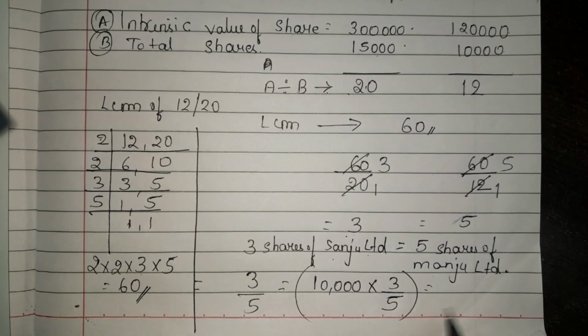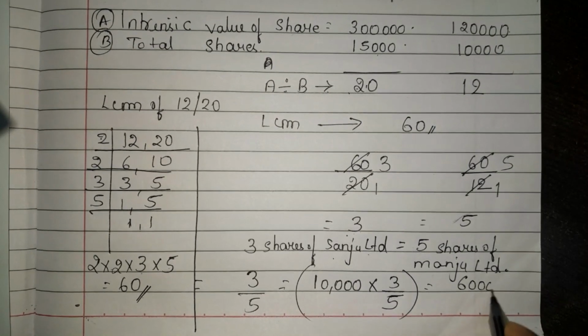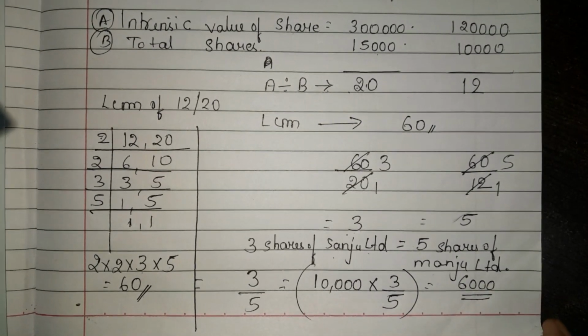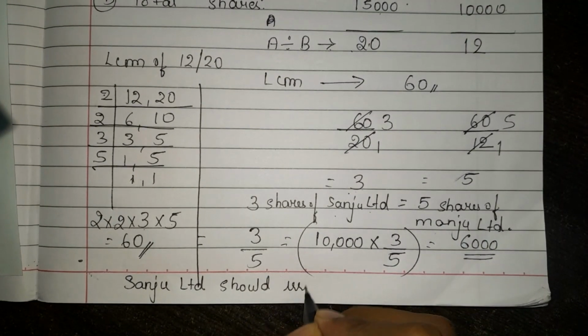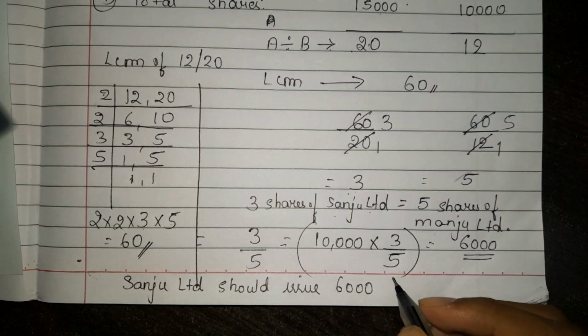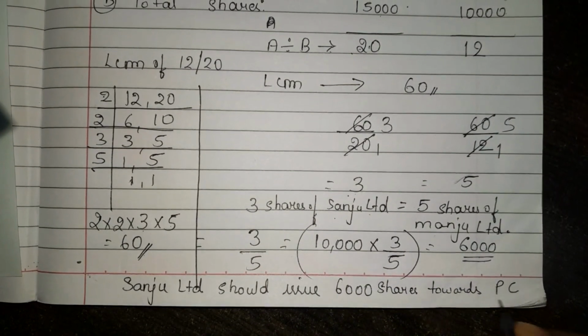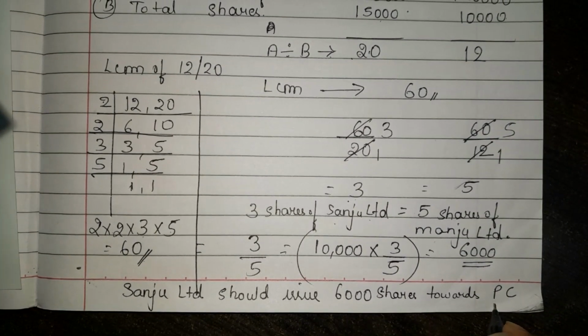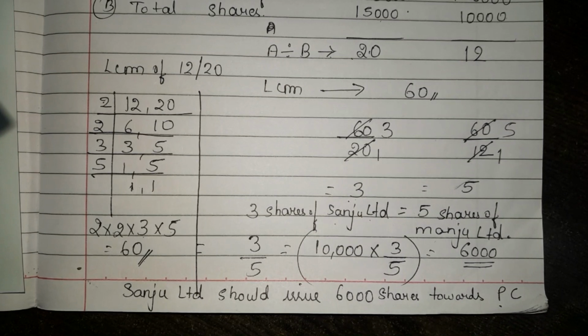When you make 10,000 into 3 by 5, you will get 6,000. So therefore Sanju Limited should issue 6,000 shares towards PC. PC means purchase consideration. So this is how you need to calculate the intrinsic value of shares.